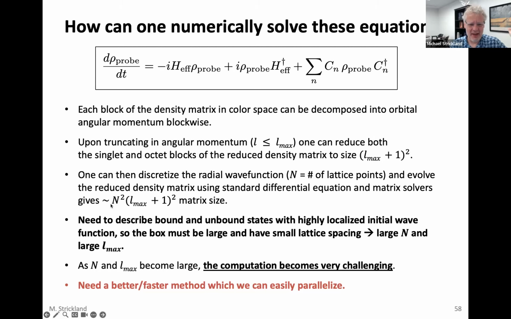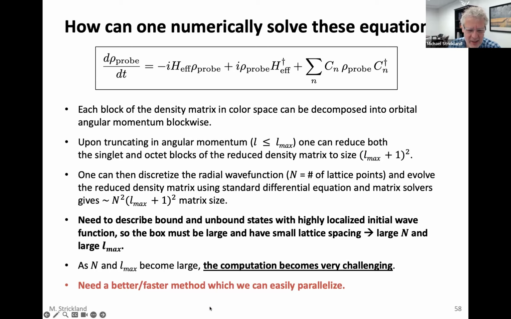You get some big matrix size, and multiplying these two matrices scales like the matrix size cubed. You can get it down to roughly 2.5 if you do super optimization of the problem and get lucky. But eventually you won't even be able to fit this in your memory, never mind evolve it in any reasonable amount of time.